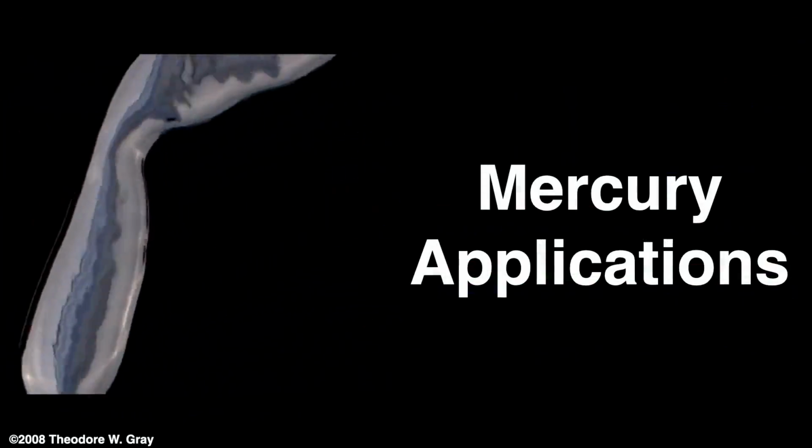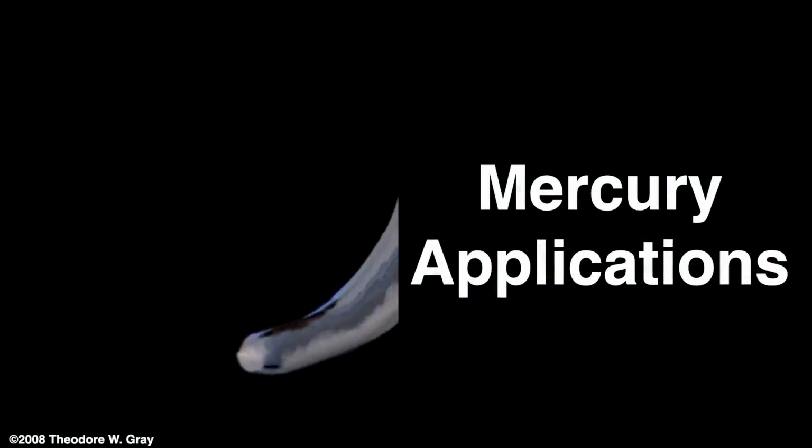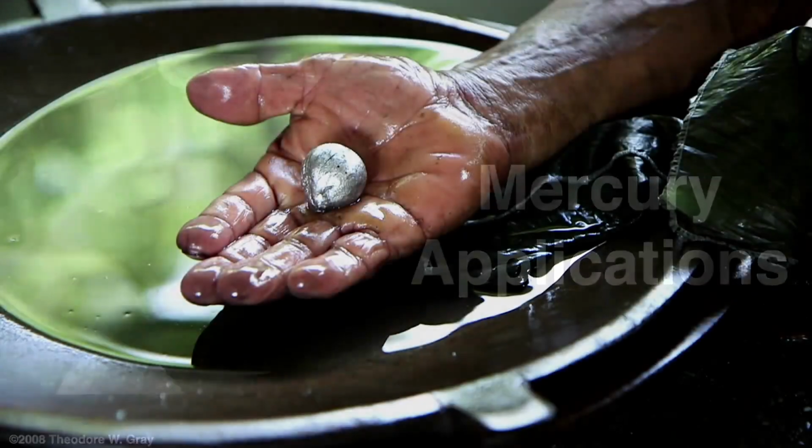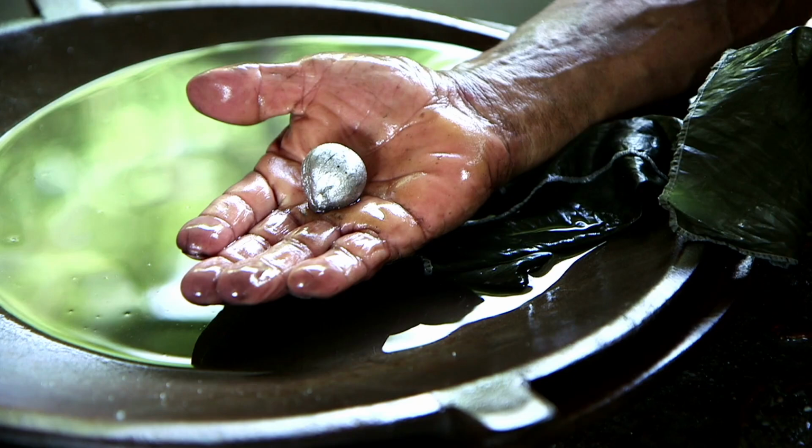Let's take a look at a few applications of the element mercury. Often, mercury is used in extracting native metallic gold from ore. When you mix crushed gold ore with some liquid mercury, it combines with the gold to form a soft amalgam. That ball in the miner's hand is a gold-mercury amalgam.